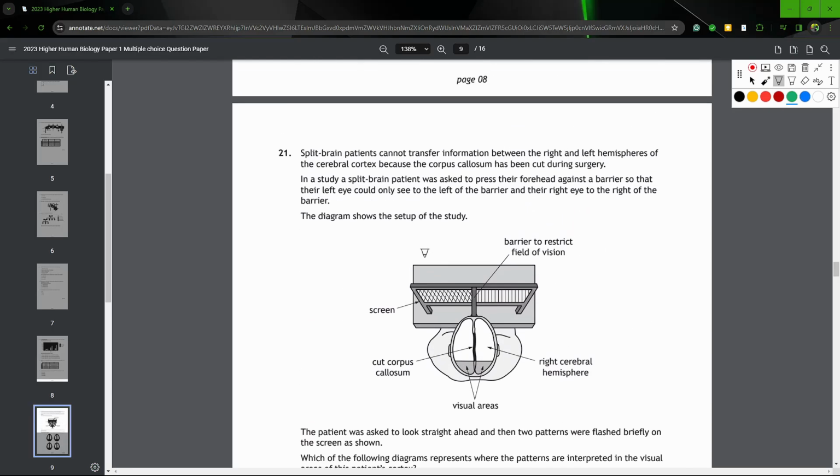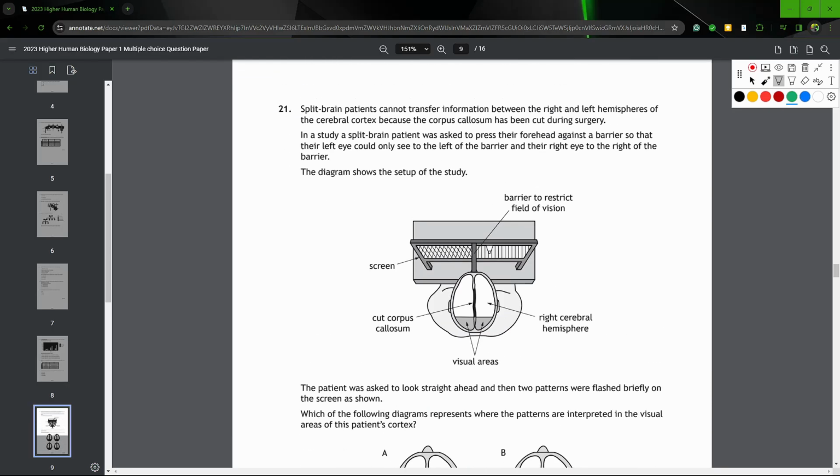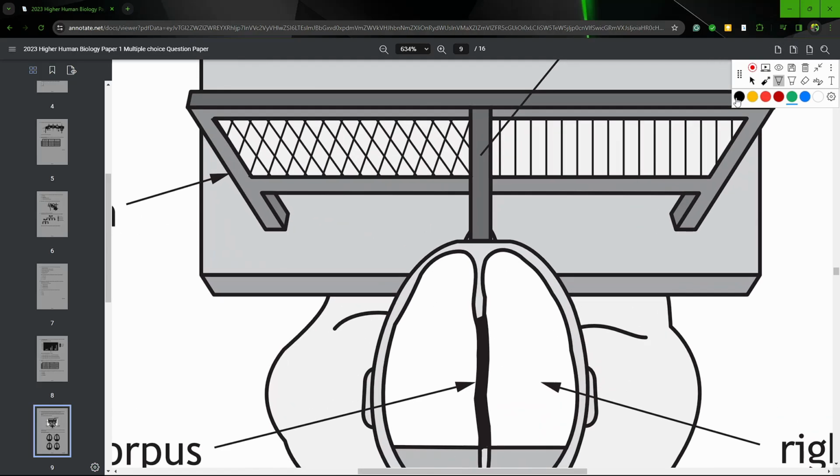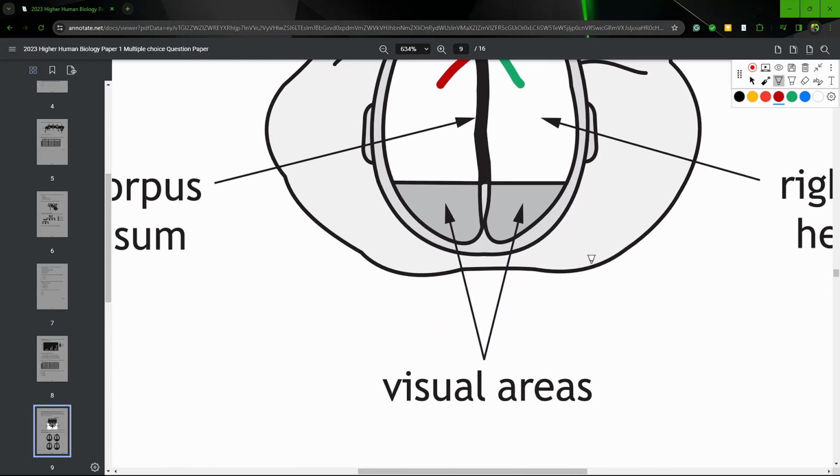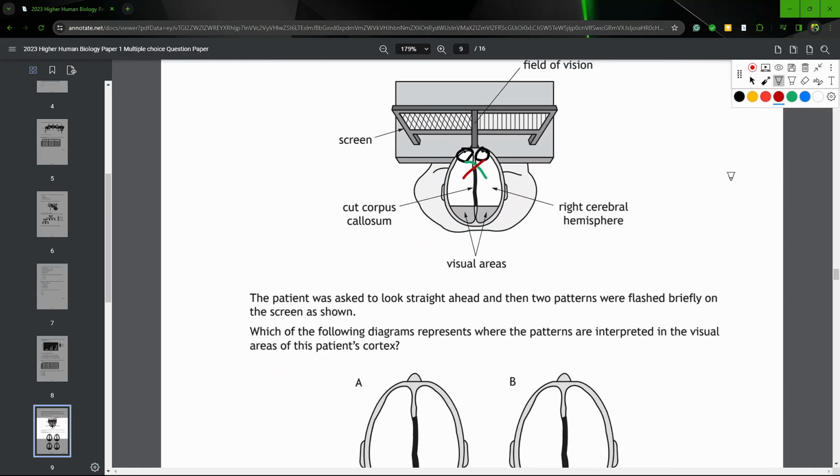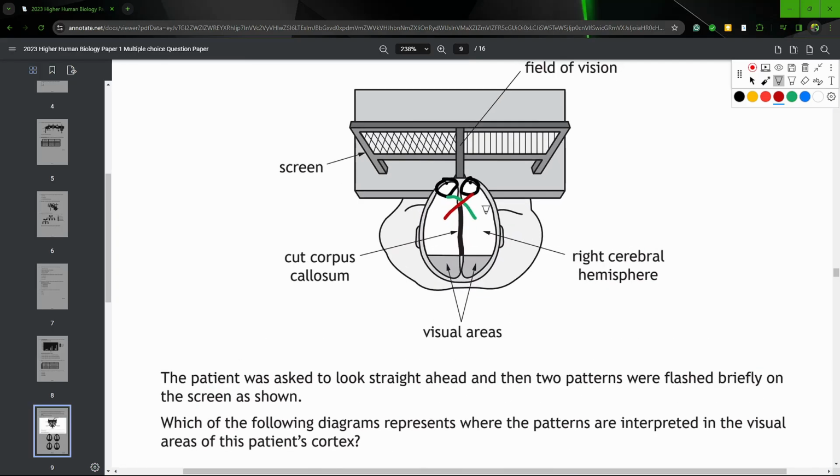Okay, so I'm going to draw a diagram on this. Brains are really weirdly designed, right? So imagine these are your eyes. They actually connect themselves to opposite hemispheres. Who knows why they do this, but that's biology, mate. It makes absolutely no sense.